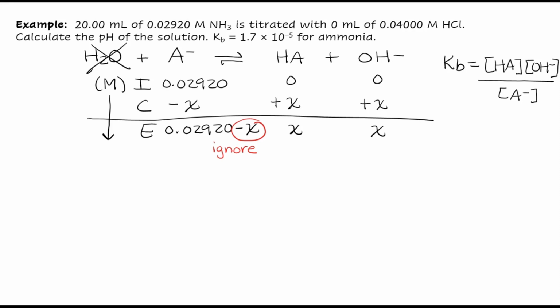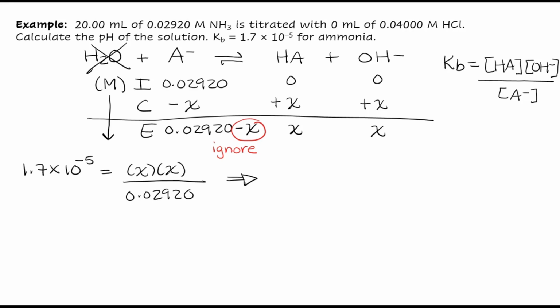We can then plug in the values that we have. So Kb is 1.7 times 10 to the negative 5 equals HA, which is x, times OH-, which is x, divided by 0.02920, because we ignored the minus x.